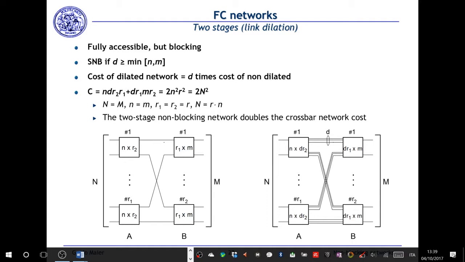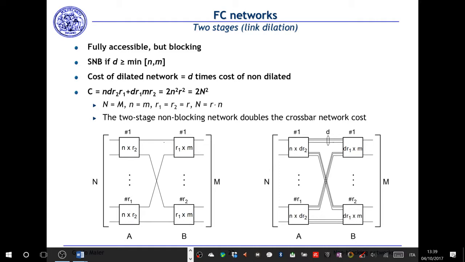These are two examples, one example. Here you have the starting point, which is a fully connected network with 3 by 2 and 3 by 5 matrices in the first and last stage.